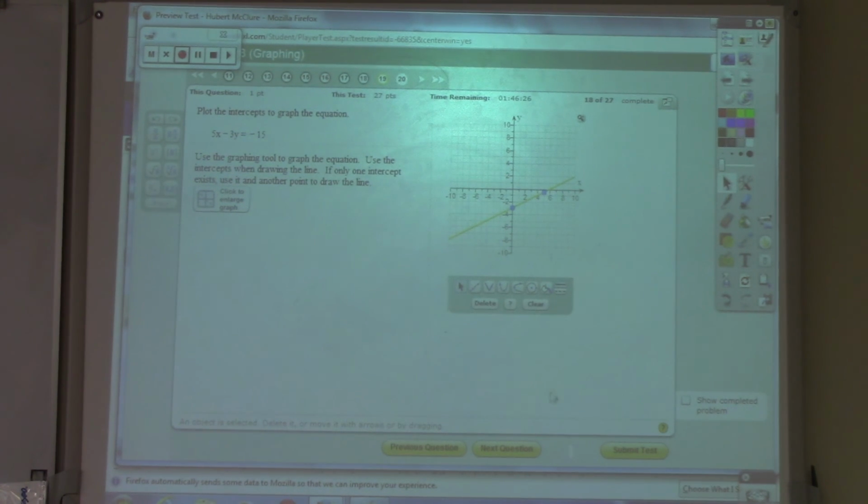There it is. Next question. Plot the intercepts. When y is 0, what do you get? Negative 6. When x is 0, what do you get? Negative 6.